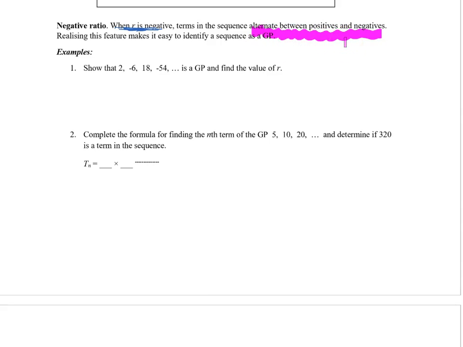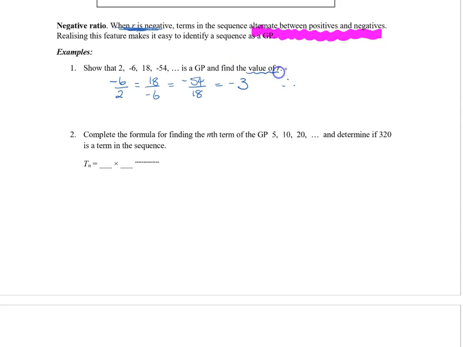We can see that clearly it's not an AP, and if we put -6 on 2, you get -3. 18 on -6 is -3. So to show that it is a GP, we'll do -6 on 2 is equal to 18 on -6 is equal to -54 on 18, which is -3.